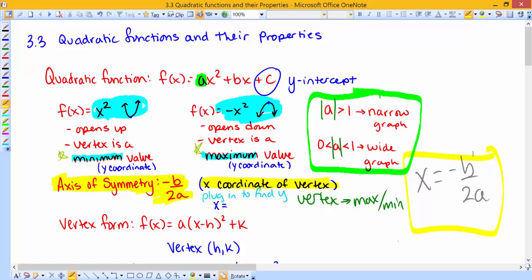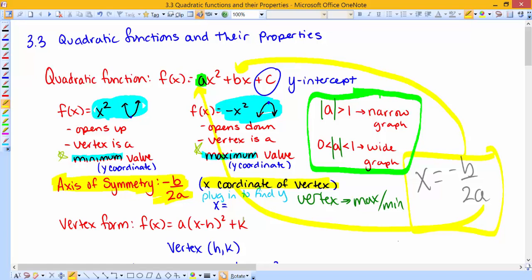And b is coming from the second value in standard form, and a comes from the first value in standard form. So we use those two to help us find x. Then once we have x, we plug in to find y, and that gives us our vertex.